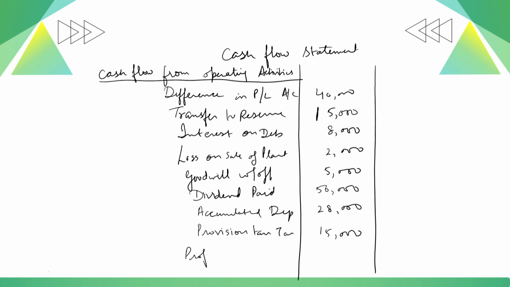So we write down profit on sale of investment 10,000 here in the bracket, so that we can deduct it later on. After considering the profit on the sale of investment, we reach the figure of operating cash flow before the adjustments in working capital.